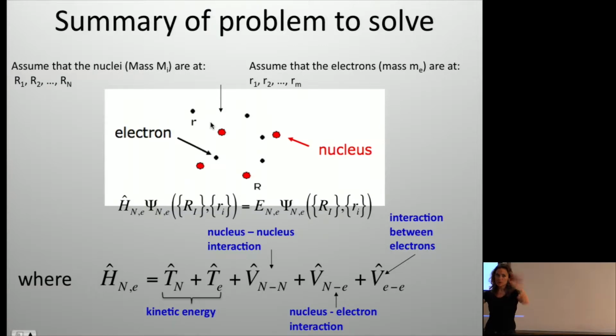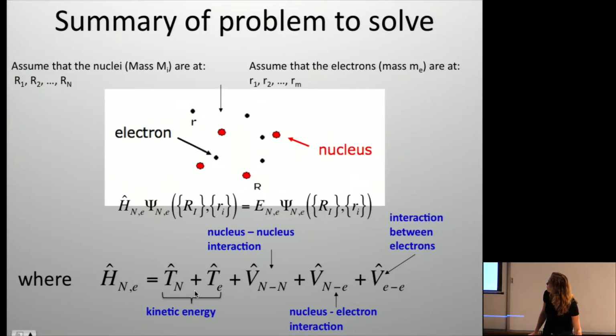If you just bunch them together wherever they are, if you put the sodium very far away from the chlorine, it takes a long time to find that ground state where they're just sitting in the crystalline salt version. So you want to start with a good initial guess of where they are. But once they are in the initial guess, then you really just want to cast it in the form that you have a Hamiltonian operating on the wave function, and then the energy times that wave function.